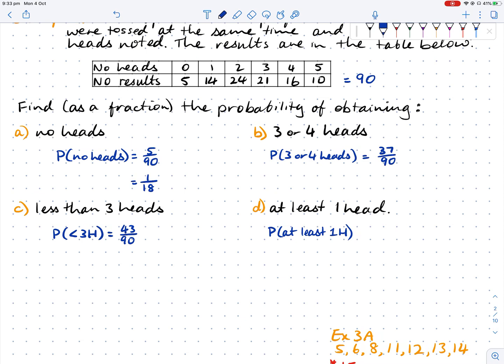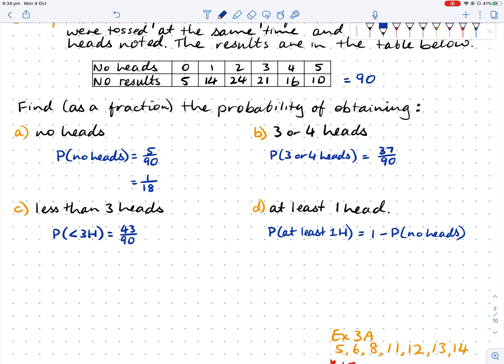Okay, so if I want at least 1, so a minimum of 1, so it's 1, 2, 3, 4, or 5. So the opposite of that would be getting 0. So what we could do is we could write this as a complement. So the probability of at least 1 head is 1 minus the probability of no heads.